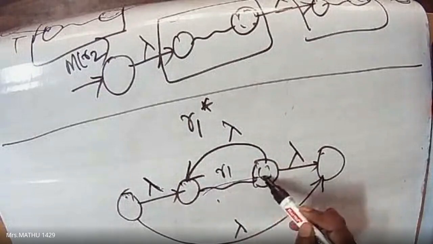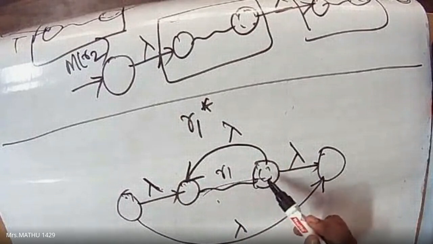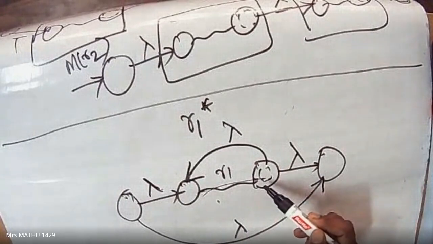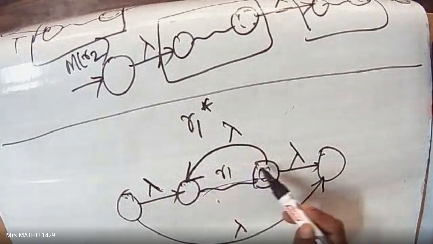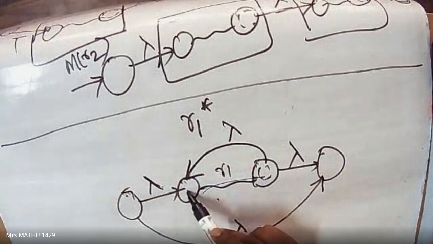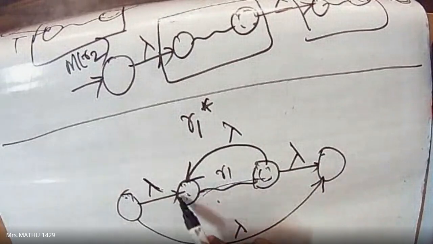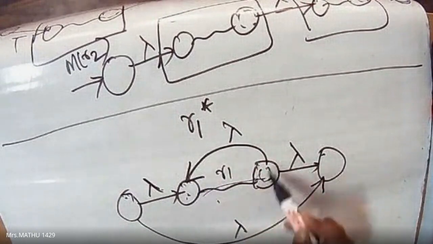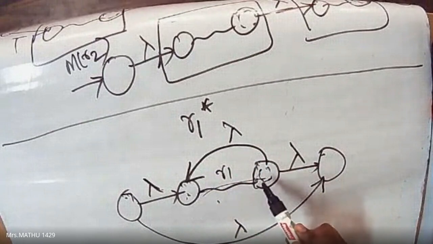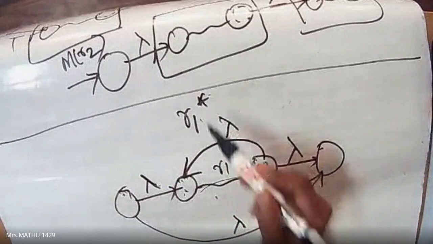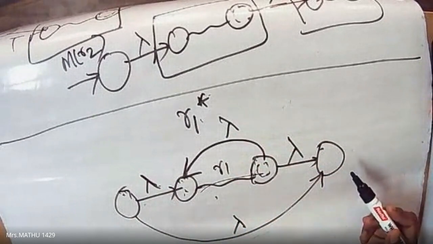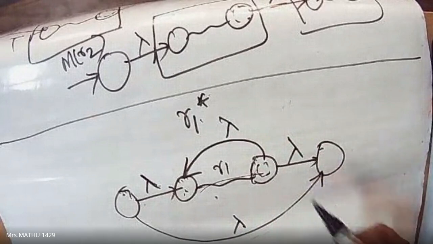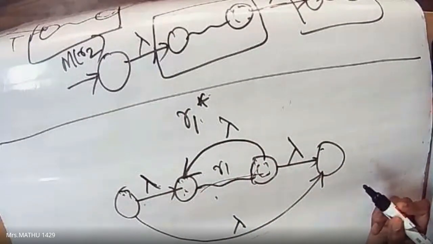The first time you read the regular expression once, and if you want to read it a second time, then using a lambda transition you go back to the initial state and read R1 again. So this goes on in a loop. If it is 0 times, you can directly go to the next final state or the part that continues with it. Is that clear?